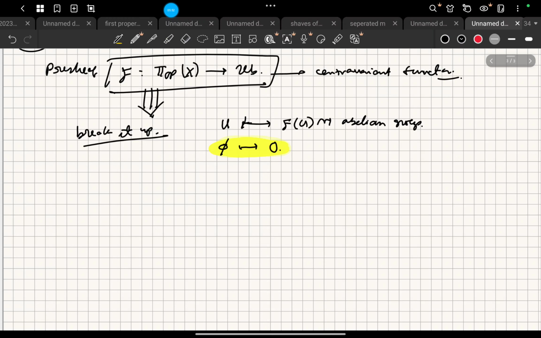This is by convention. We assume this one.